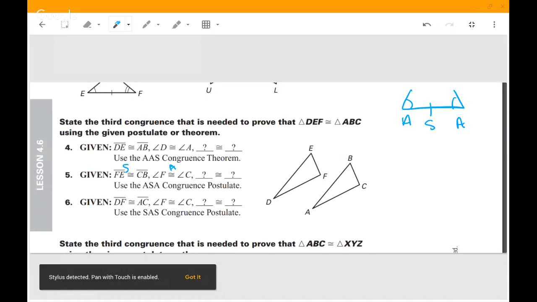Okay, so we need another angle. So let's mark those angles, that angle and that side. So FE is congruent to CB, so that's going to tell us right here. And then angle F, which is this angle, and angle C, which is this angle. So what other angle do we need to make it look like this picture here? Yep, that's it, B and E.